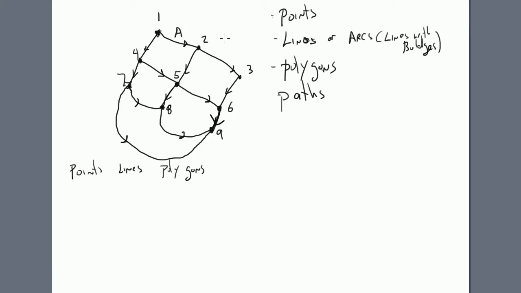So I'm going to give these letters. This is going to be A, B, C, D, E, F, G, H, I, J, K, L, and then M. And if you think about it, we can number our points 1 to 9. 1, 2, 3, 4, 5, 6, 7, 8, 9.